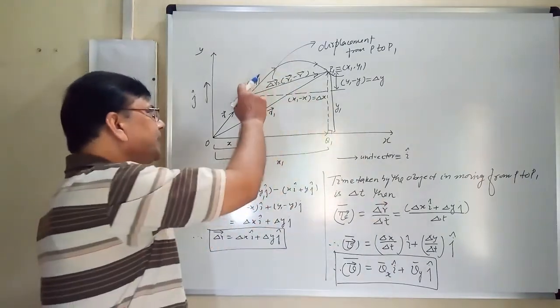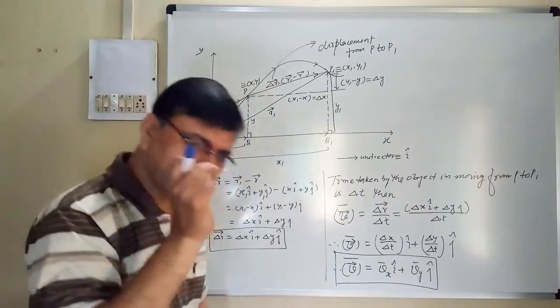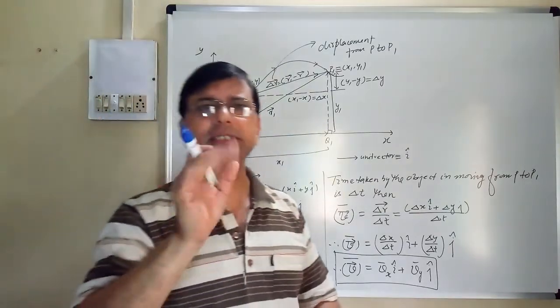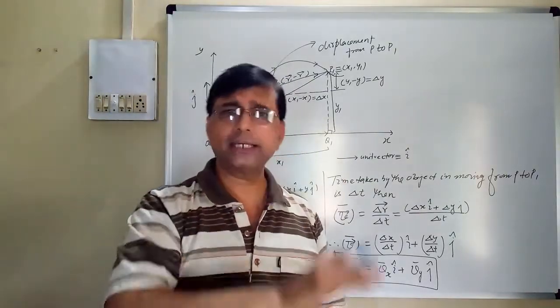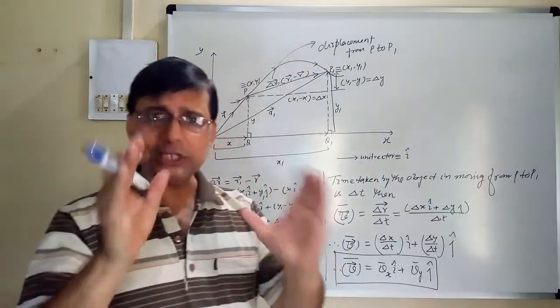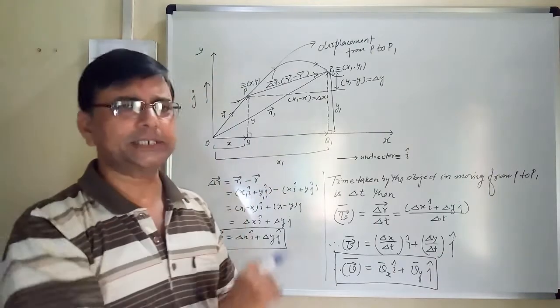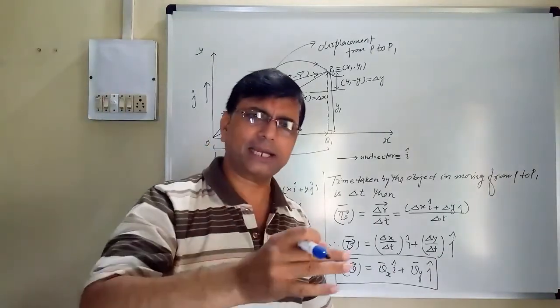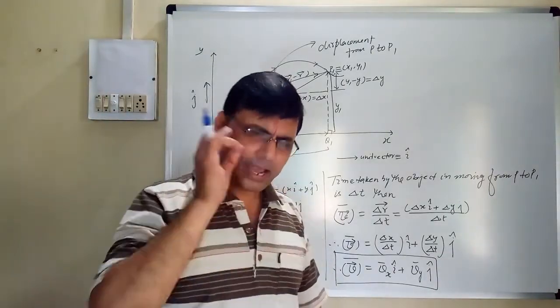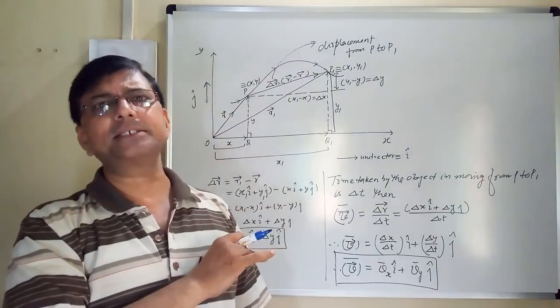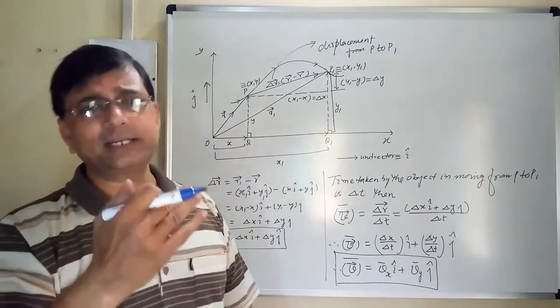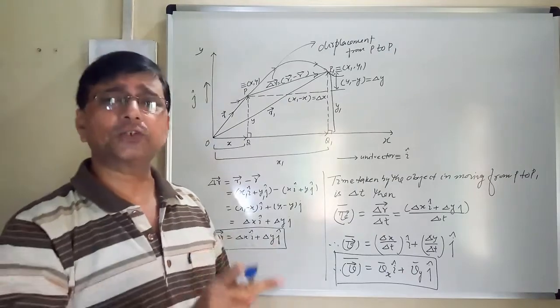Instantaneous means at a particular point, at a particular time, whatever velocity and direction is there, that is called the instantaneous velocity. Whatever magnitude and direction we are getting at a particular point and particular instant, suppose the 5th second, 7th second, 10th second, at that moment whatever the velocity is, magnitude as well as direction, that is called the instantaneous velocity.